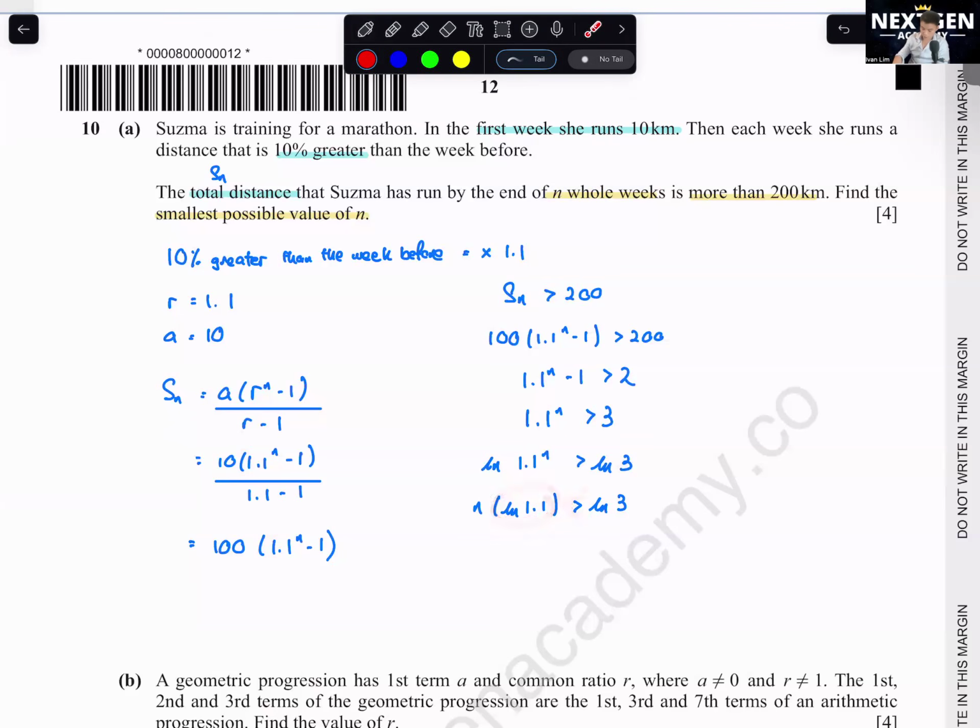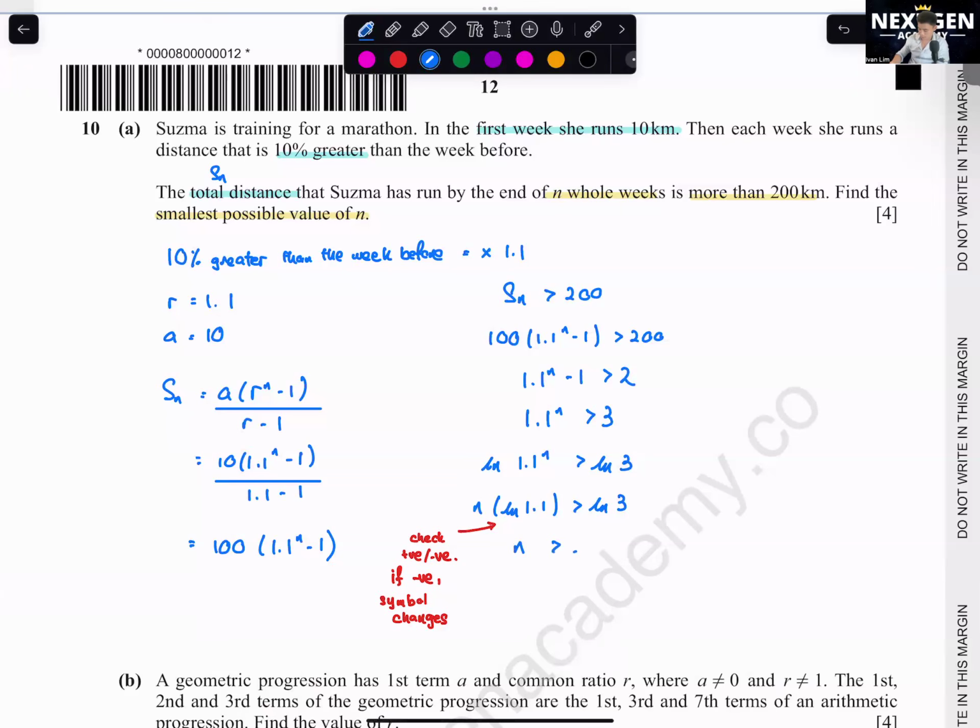So I want you to make a remark here: check positive or negative. If negative, the symbol changes. But this one is positive, so the symbol won't change.